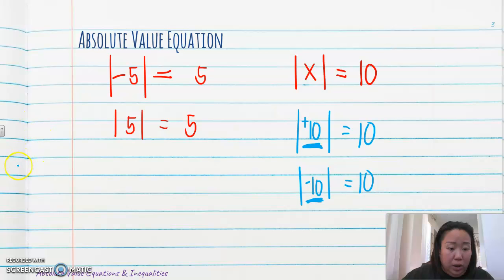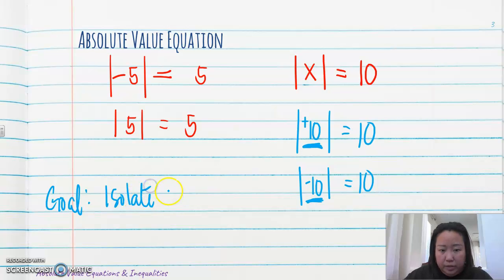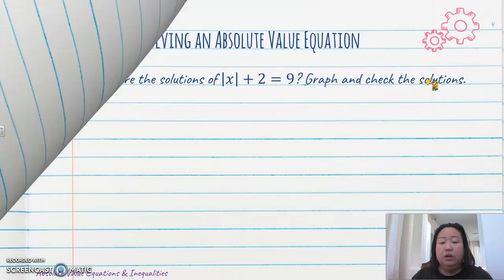So our goal is to isolate the absolute value expression. Whatever is in the absolute value has to stay in by itself. Let's have some examples on what I was talking about.